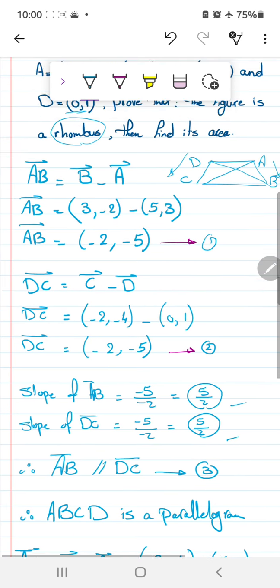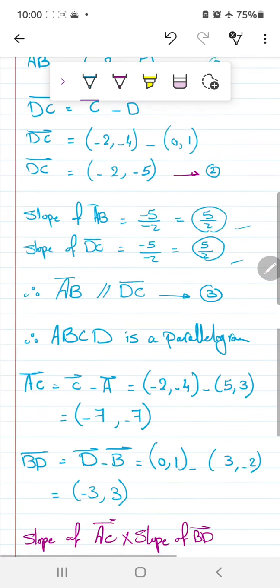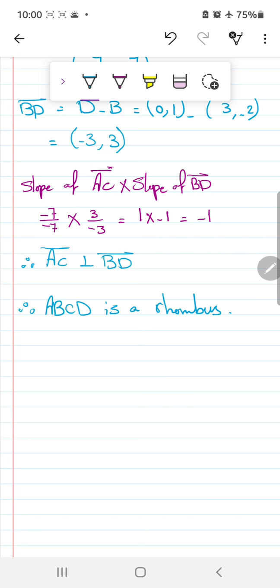We have another requirement: find its area. The area of the rhombus equals half the product of the lengths of the two diagonals. So the area of the rhombus ABCD equals half D1 times D2.